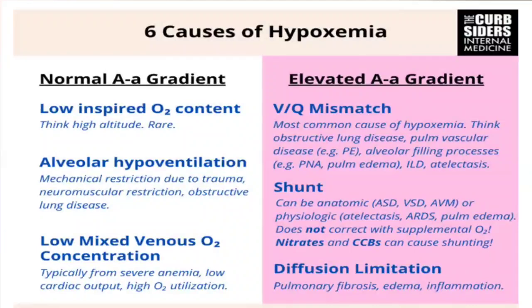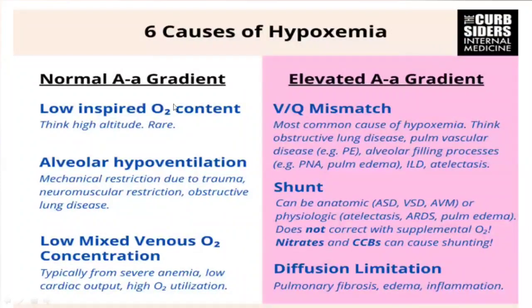Now, as we were doing in metabolic acidosis, where we learned the causes of high anion gap and normal anion gap metabolic acidosis, here we have normal AA gradient hypoxemia and elevated AA gradient hypoxemia. So these are the two different causes.